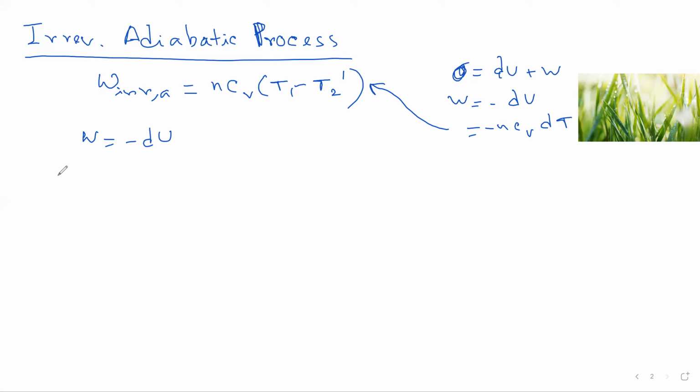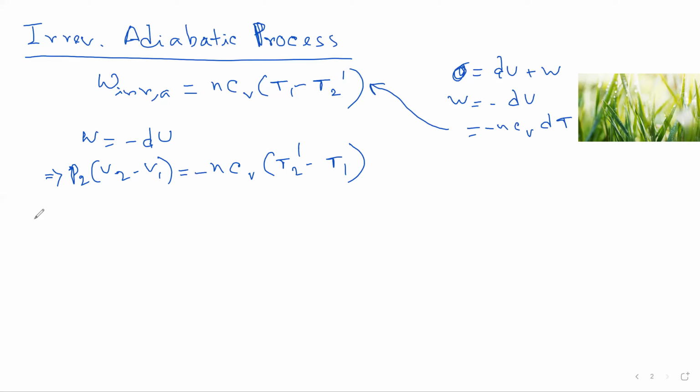So W, which is P2 into V2 minus V1, equals minus nCv into T2 prime minus T1. I have already discussed all these expressions: what is the expression of W, what is the expression of dU. If you do not know about these, please do watch my previous videos.